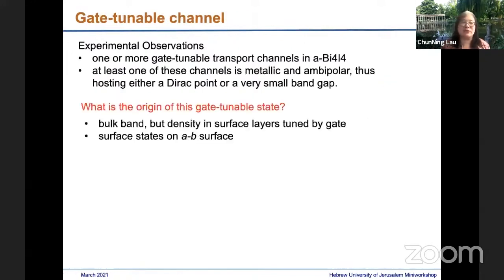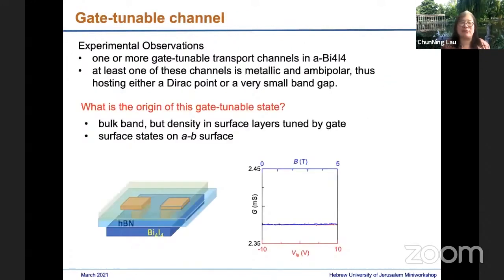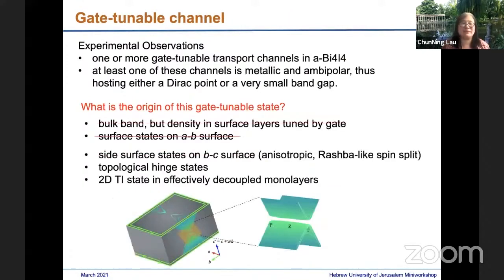Let me skip all this and show that we have several candidates for this gate tunable metallic channel, which are all very interesting. For example, it could be a topological hinge state, or a 2D TI state in effectively decoupled monolayers.